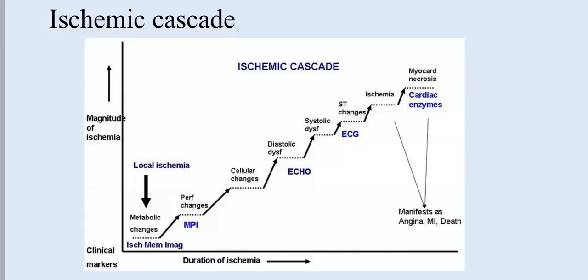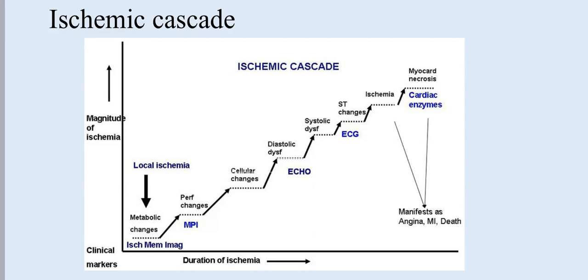What I want to stress here, according to the cascade, is that diastolic dysfunction precedes systolic dysfunction. That means ischemia affects the diastology more than the systology. Some people think the reason, which is a bit ironical or counterintuitive, is that diastology consumes more energy than systology. That's why it's affected earlier and more pronouncedly.